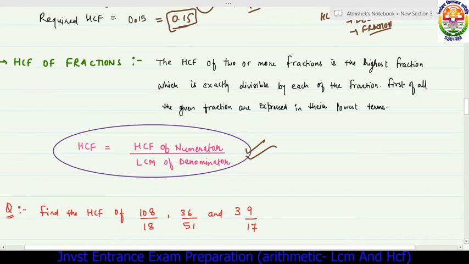The HCF in fraction form is the HCF of the numerator, numerator means P, and the LCM of the denominator, denominator means Q. In a rational number written as P by Q, P is called the numerator and Q is called the denominator.